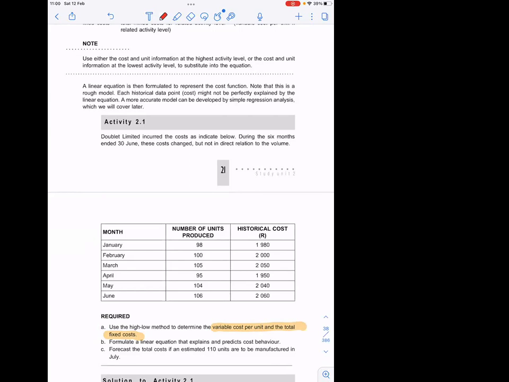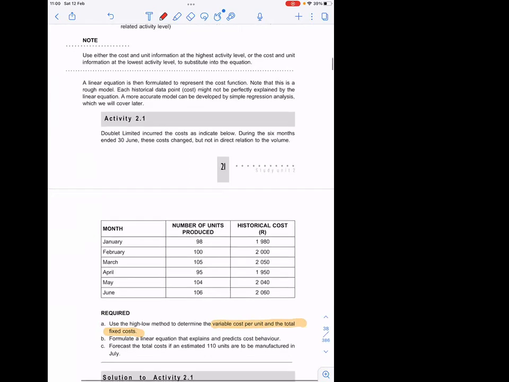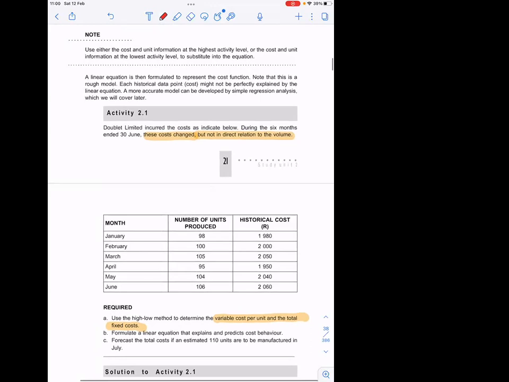Right, Duplex Limited incurred the cost as indicated below during the 6 months ended 30 June. These costs changed, but not in direct proportion to volume. So if something is changing, but not in direct proportion to volume, it means that it is not a variable cost per se.